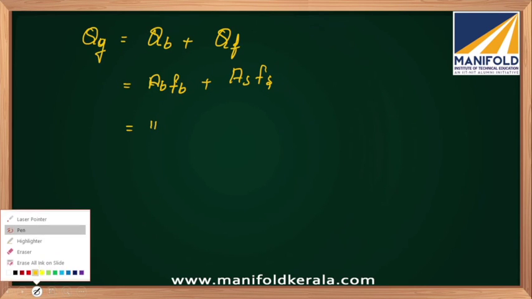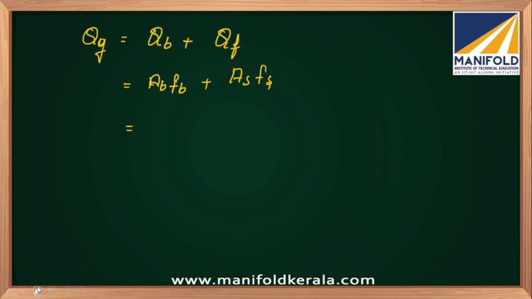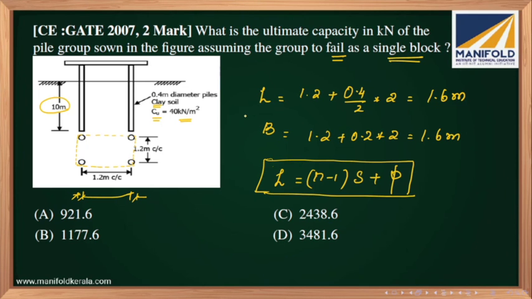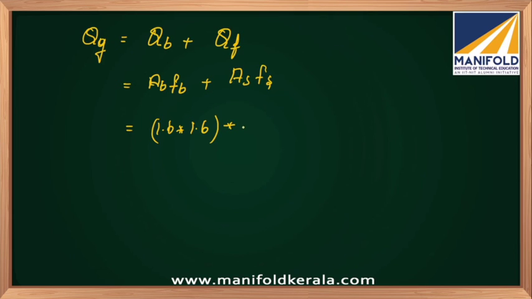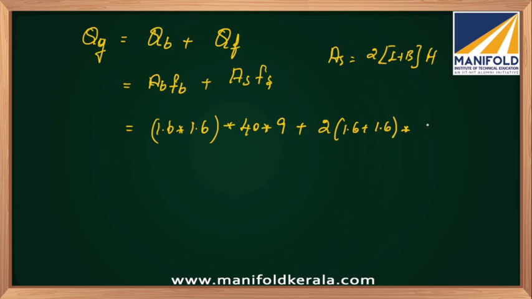As it is a square, the base area is B into B, so 1.6 into 1.6 into C into Nc. Fb is equal to C into Nc. The C value was given as 40, and Nc is the bearing capacity factor, which is equal to 9. As is equal to 2 times of length plus breadth into the length of the pile, so 2 into 1.6 plus 1.6 into 10 meter.